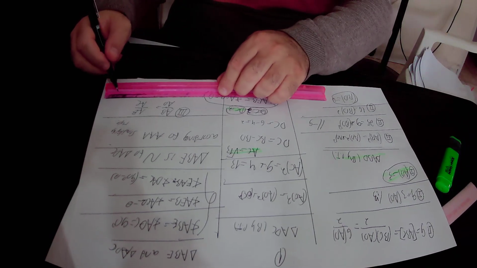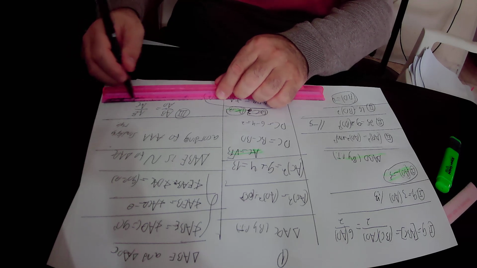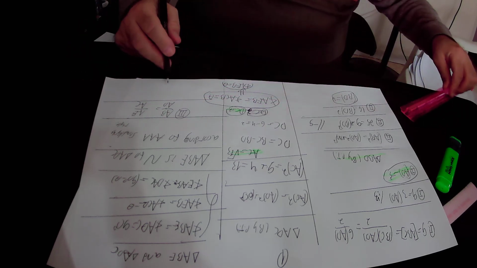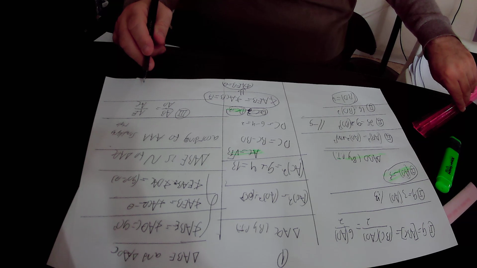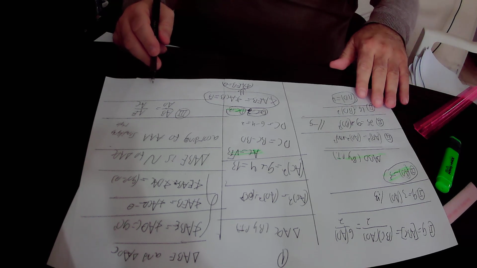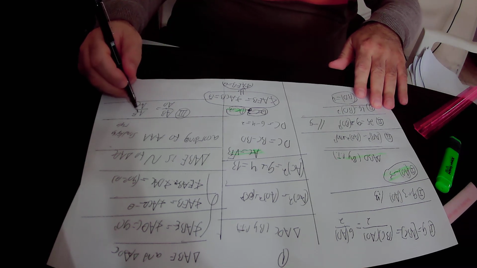I repeat again, we conclude that AB over AD equals AE over AC.